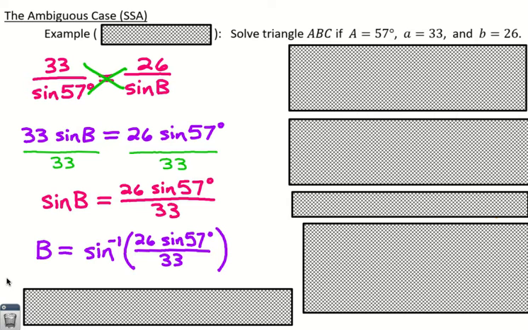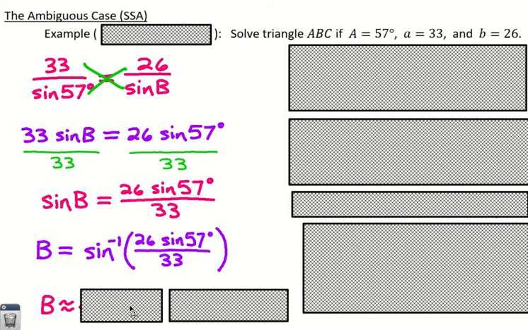Okay? So angle B will be the inverse sine of this answer. And you could put all that in your calculator at once, no problem. And what your calculator probably says is about 41.359 degrees.